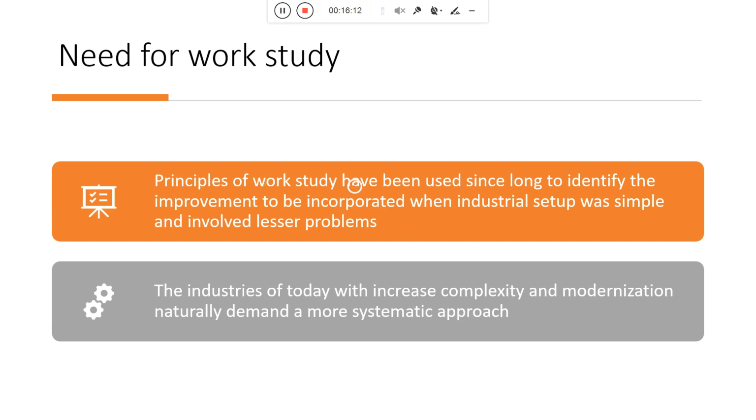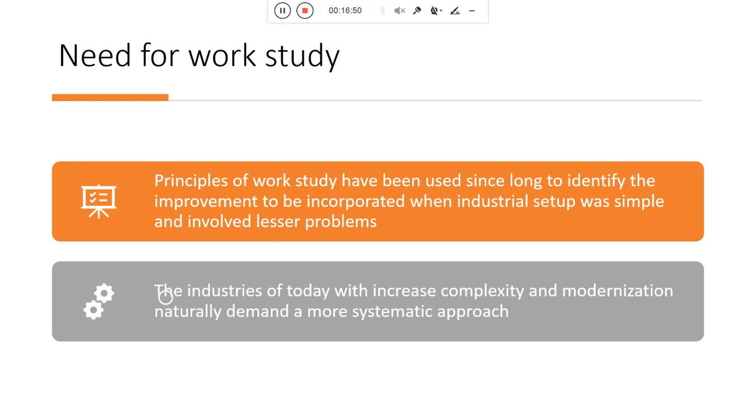The principles of work study have been used since long to identify improvement means to be incorporated, when the industrial setup was simple and involved lesser problems. It was used long back, when the process was simple and everything was simple, so you could easily apply all these concepts. But right now the complexity is more.